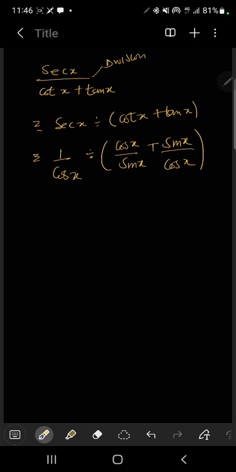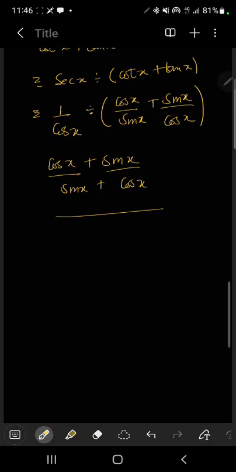In the brackets we have cos x over sin x plus sin x over cos x. Again, our common denominator there will be sin of x multiplied by cos of x.